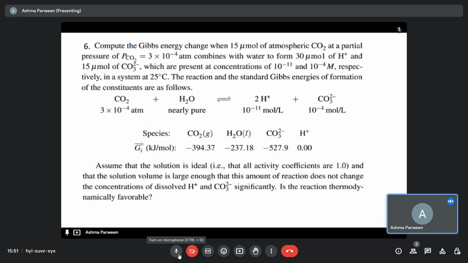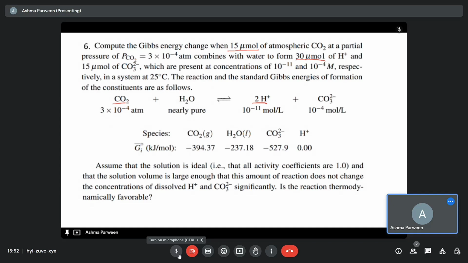Also, on the first line we have to compute the Gibbs free energy change, that is how much energy will change when 15 micromoles of atmospheric CO2 combine with water to form 30 micromoles of H plus. We can see that 1 mole of CO2 forms 2 H plus, so 15 micromoles will form 30 micromoles of H plus.